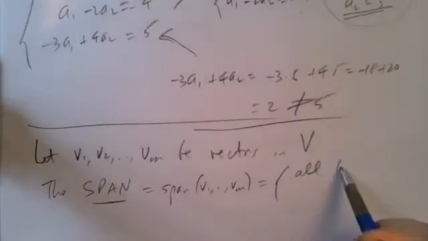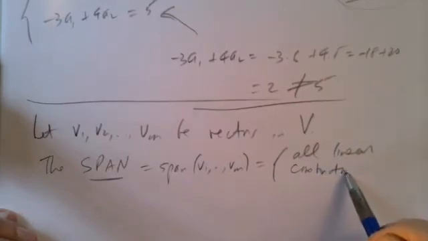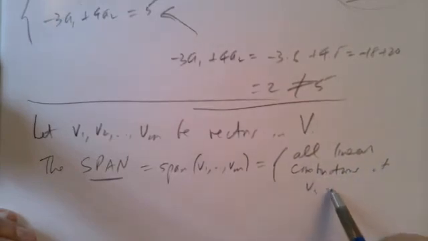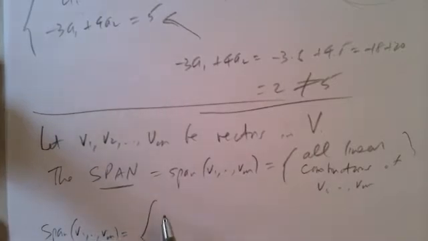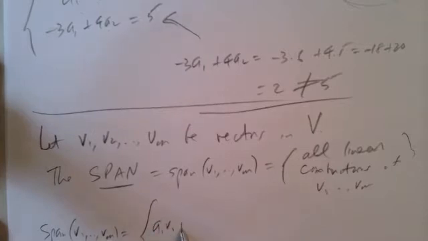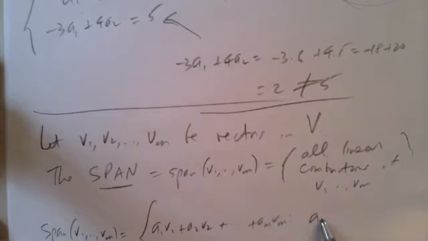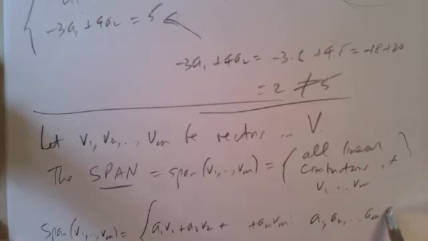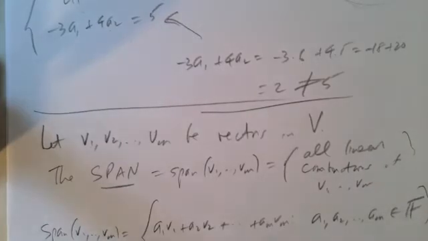This is the set of all vectors of the form A1 V1 plus A2 V2 up to A sub m V sub m, where A1, A2 up to A sub m are all possible choices of elements in the field. Okay? That's the span of a set of vectors.